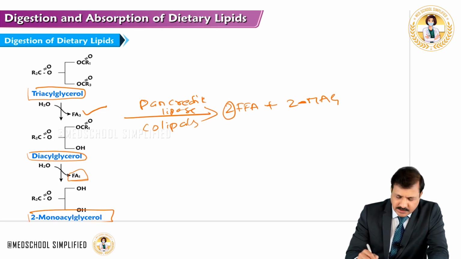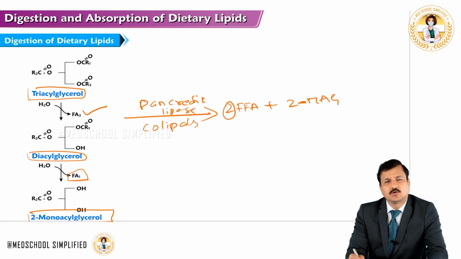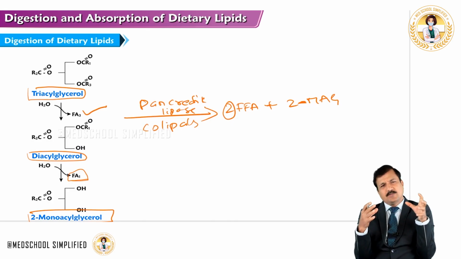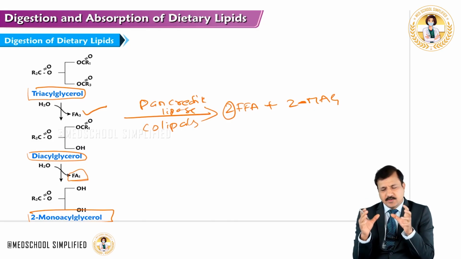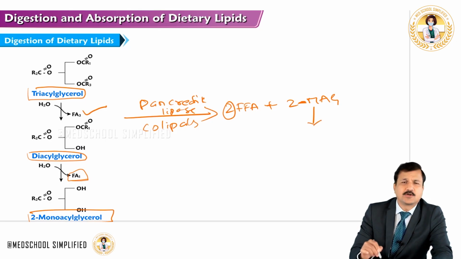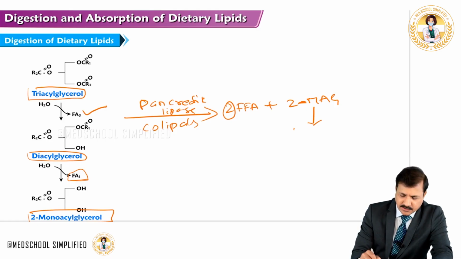Now, these 2-monoacylglycerol and 2 free fatty acids retain their association with the bile acids and bile salts. Okay. So, we are going to see what exactly the molecule is called later. Now, sometimes this 2-monoacylglycerol can be isomerized by the 2-monoacylglycerol isomerase enzyme into 1-monoacylglycerol.